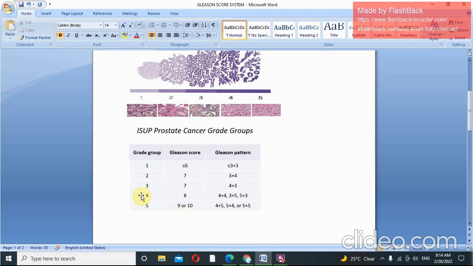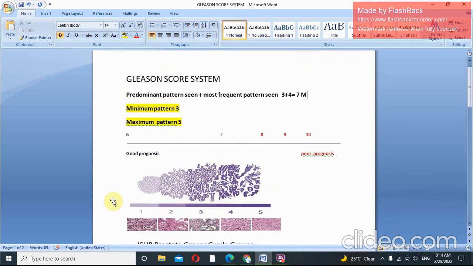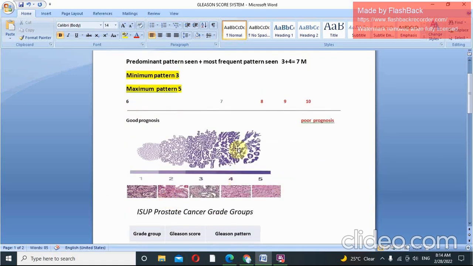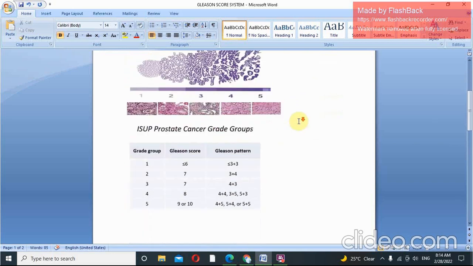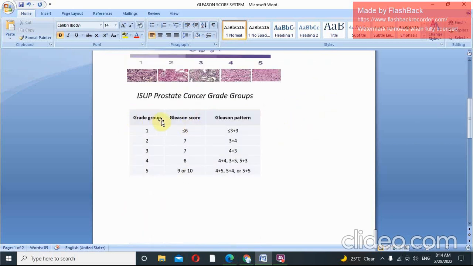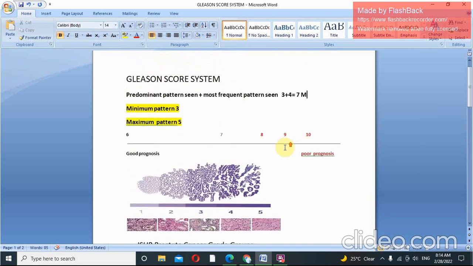Okay, so this 4 and 5 is the poor prognosis and they have high grade cancer. So first determine the pattern, and that pattern will be put in the formula, which is the predominant pattern plus the most frequent pattern, and after adding we will get our score, and we will put the score in the grade group, and identify the grade of our patient's prostate cancer.